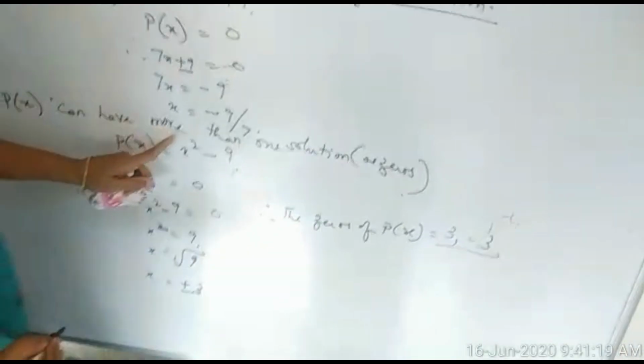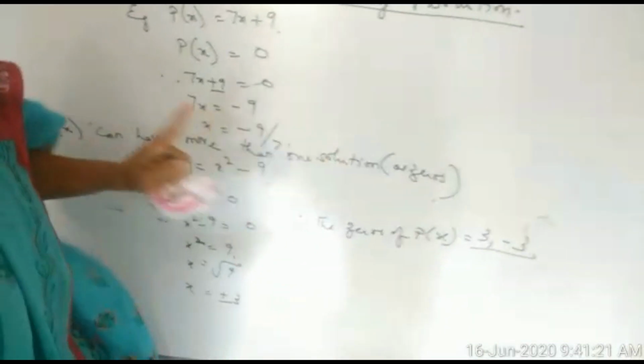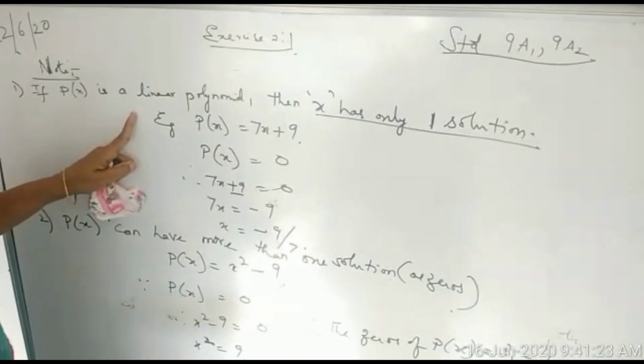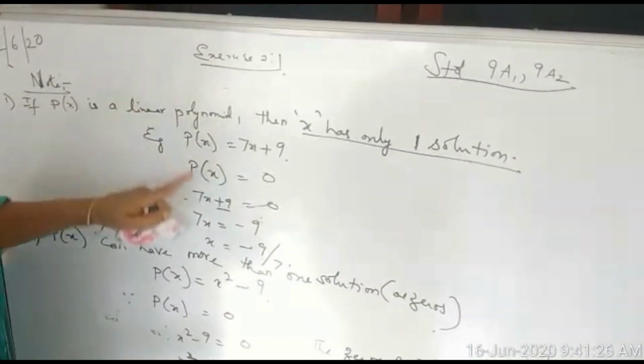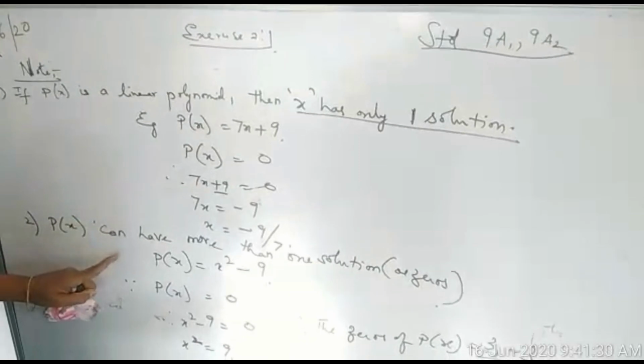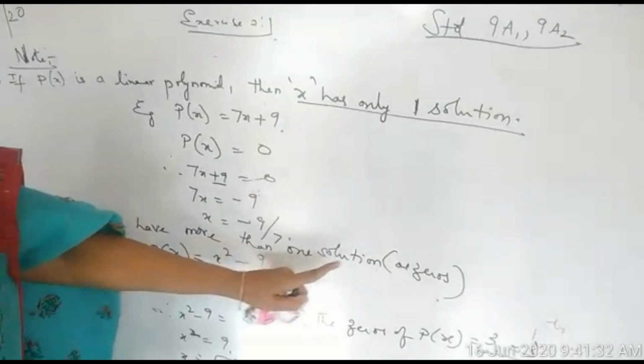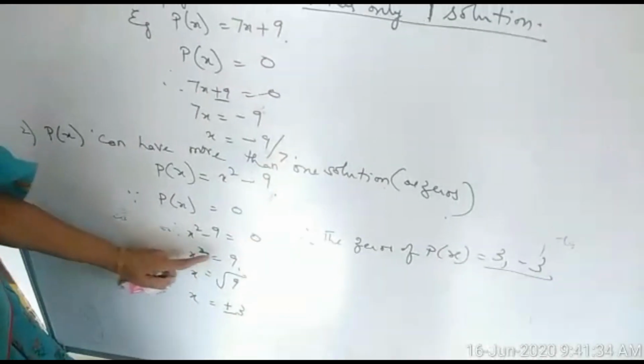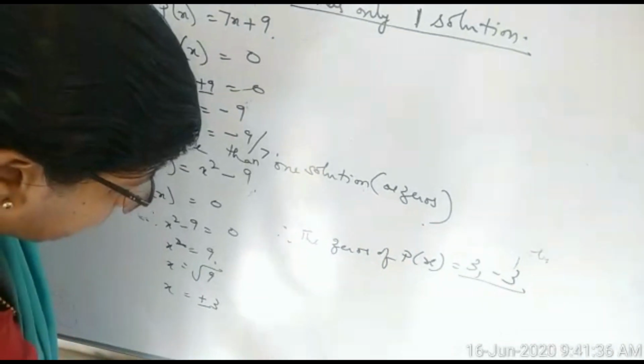P of x can have more than one solution. If it is a linear polynomial, it has only one solution, children. Sometimes P of x can have more than one solution when x squared is a perfect square.